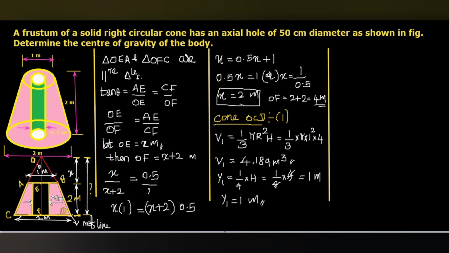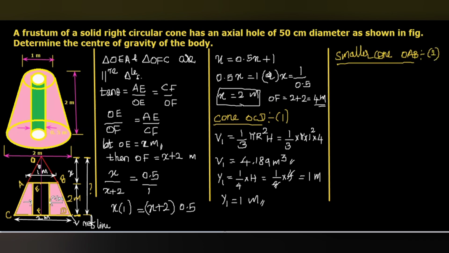From the large cone OCD, first the smaller cone OAB has to be removed. So the second segment is the smaller cone which has to be removed, the cone OAB. This one is segment 2.